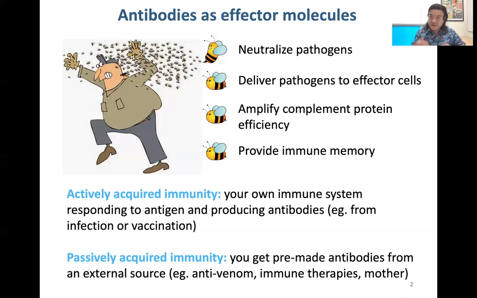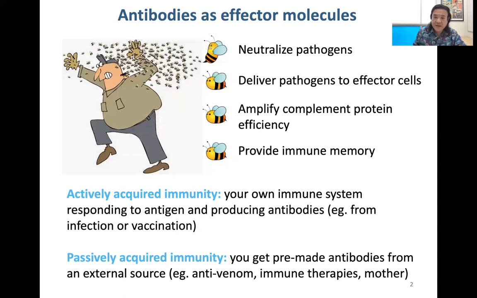A lot of times if you get bit by a snake or some nasty kind of poisonous insect, and your body is having a response to some sort of toxin, the antivenom that's given to you at the clinic is actually an infusion of antibodies that have been designed and manufactured already to target the venom. And we will look at that in today's slide.